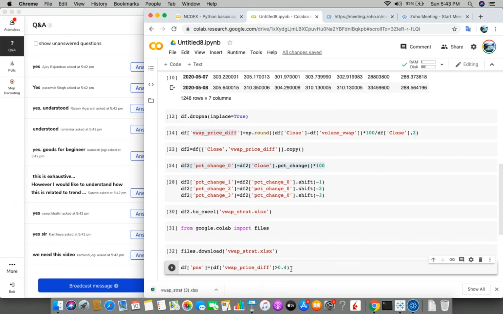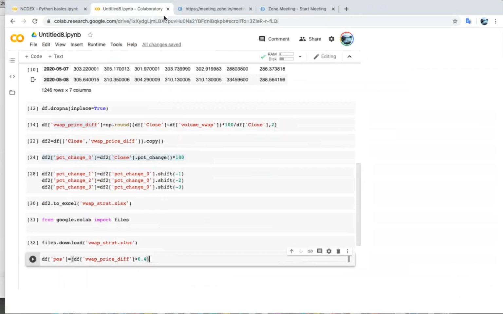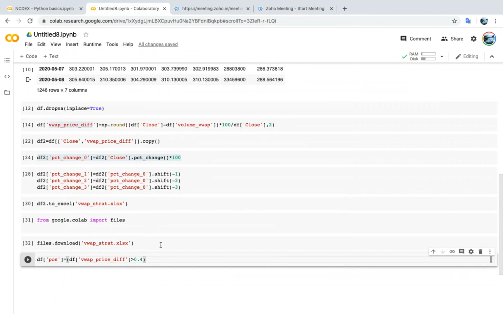So I will come back to the program. So we defined the parameters as df position is equal to where price difference is greater than 0.4. Let us run this.